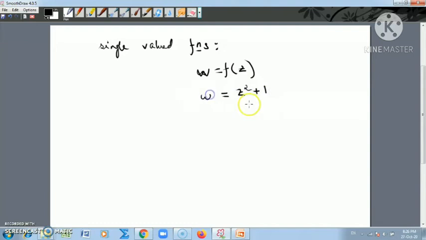So you see, when I put a value of z, I get a value of the function f(z), that is w. I'll repeat again. For every value that I give to z results in a particular value of w, because you see when I put it here, this becomes 1 squared plus 1, which is 2.